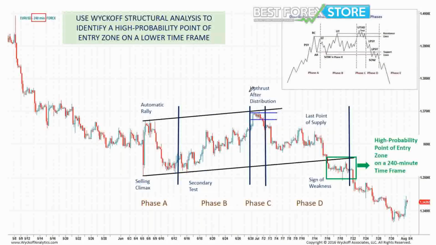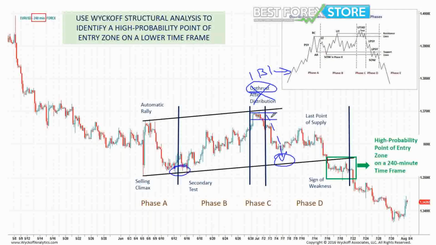again, we could be thinking here, what if this is phase B? Under this scenario, what would be the next move? If we're still, let's say, in phase B, and it's just an upthrust in phase B, then it's going to be another secondary test, another attempt to retest this area right here, right?